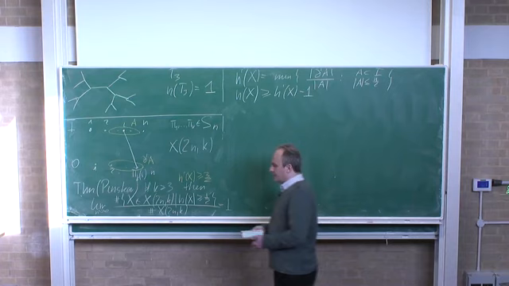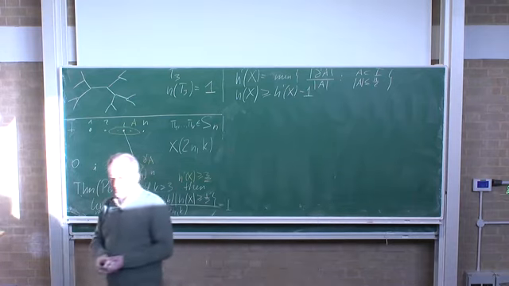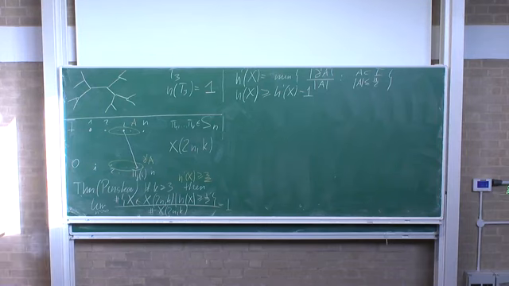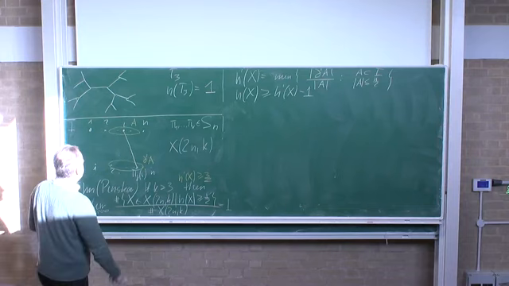I'm just slightly confused about why you call it D prime rather than D. Is that because you're counting vertices and not edges?